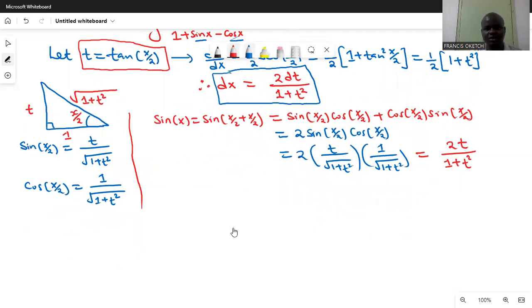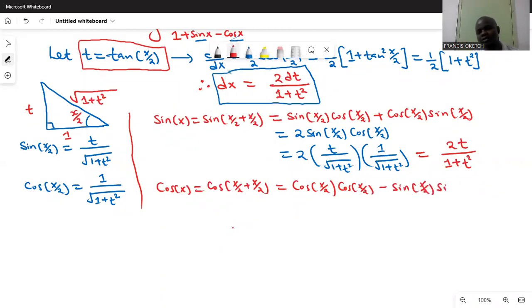So you can write that cosine of x is the same as cos of x over 2 plus x over 2, which you can write again as cos x over 2 times another cos x over 2, remember cos a plus b, then minus sine x over 2 times another sine of x over 2, which you can as well write as cosine squared of x over 2 minus sine squared of x over 2.